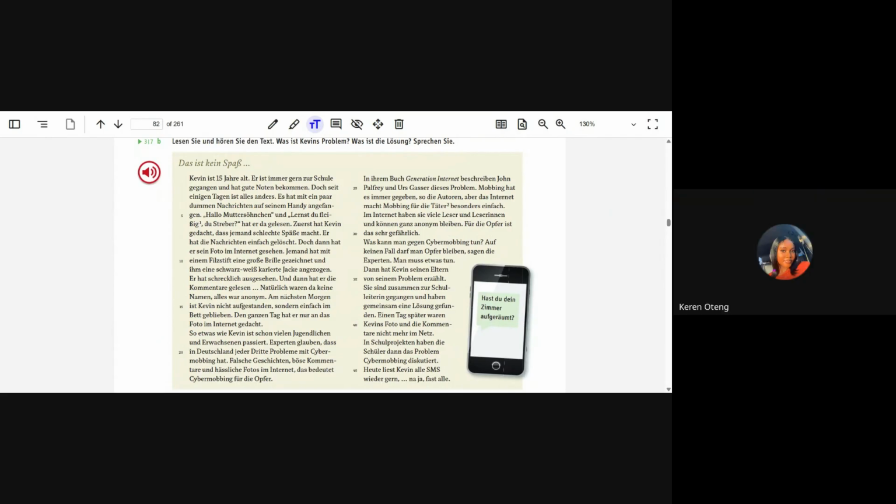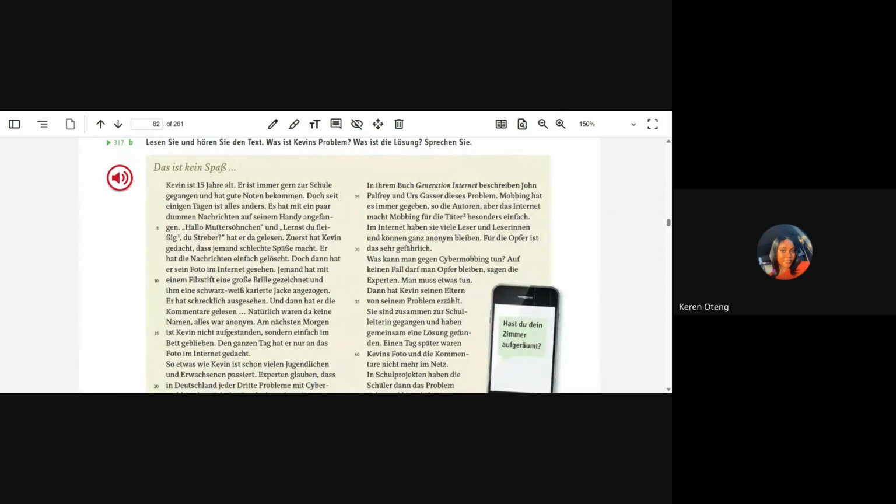Kevin ist 15 Jahre alt. Er ist immer gern zur Schule gegangen und hat gute Noten bekommen. Doch seit einigen Tagen ist alles anders. Es hat mit ein paar dummen Nachrichten auf seinem Handy angefangen. Hallo, Muttersöhnchen. Und lernst du fleißig? Du Streber, hat er da gelesen.